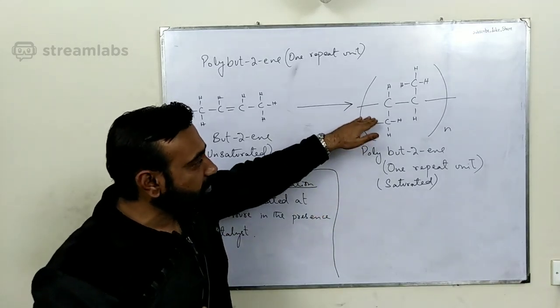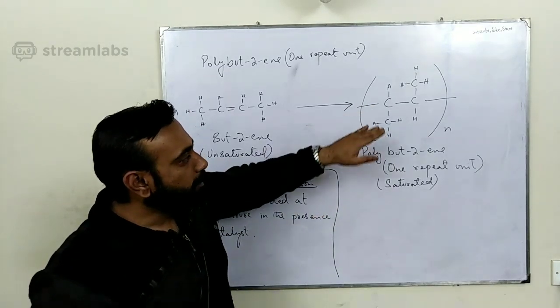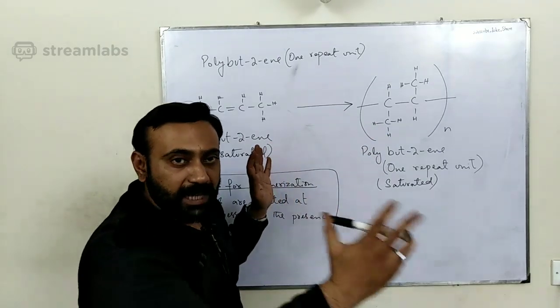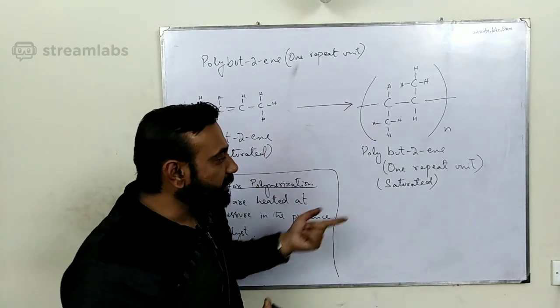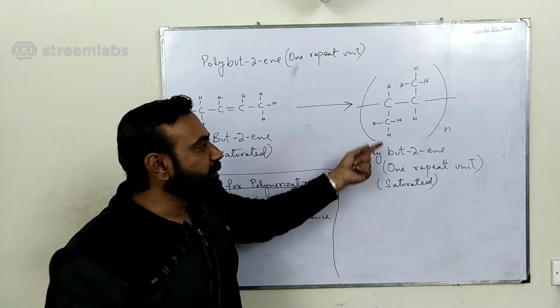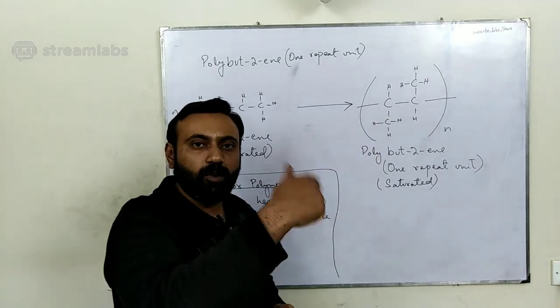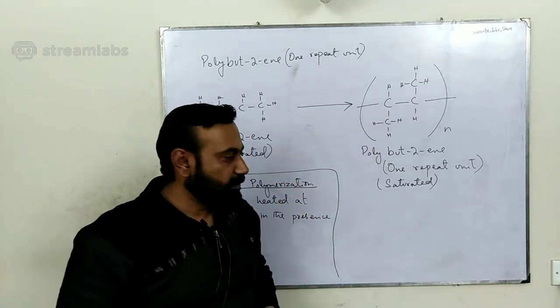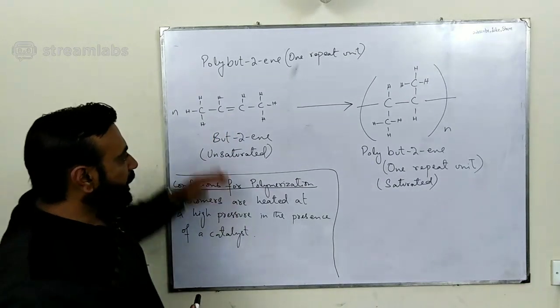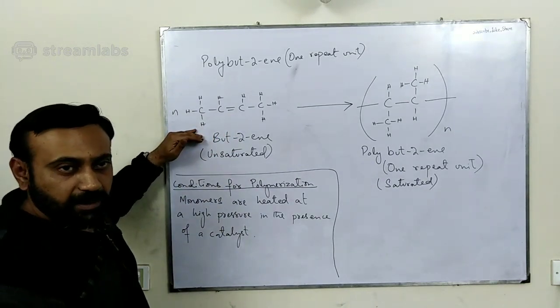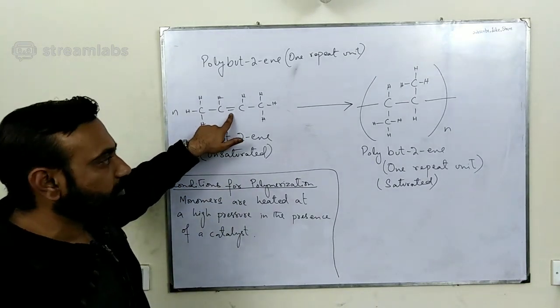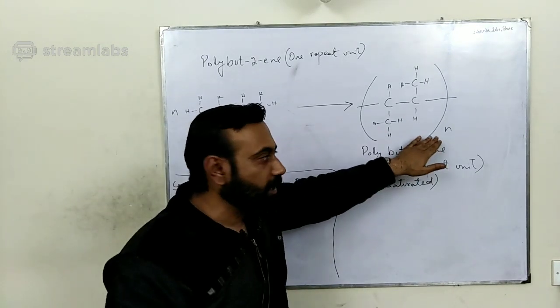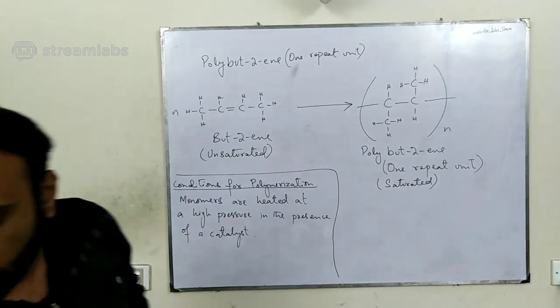So this is the structure of polybutene, but this is just a part of that long chain, and this part represents one repeat unit. That means this unit is going to be repeated over and over again many times. The monomer is an unsaturated compound because of the presence of the double bond, and this is a saturated compound because all bonds are single bonds.